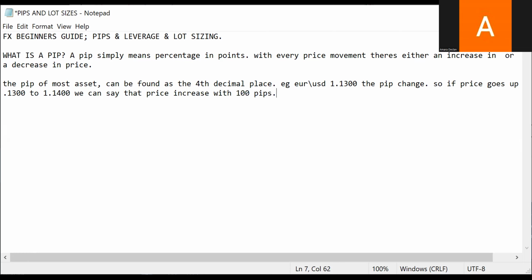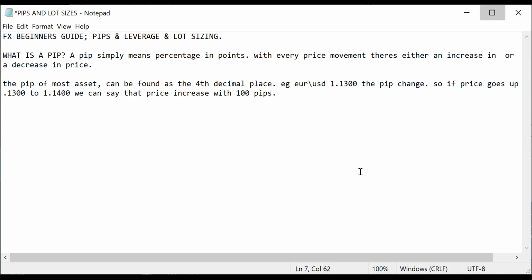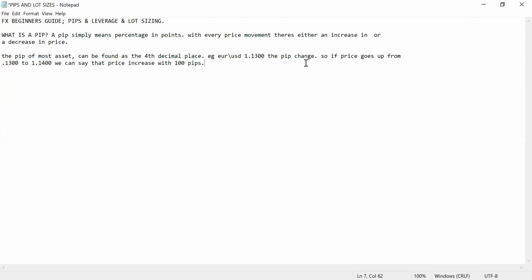Exactly. So that's basically what it is when you hear people say things like they caught a windfall of pips. Anytime you hear people talk about pips, just know that they are talking about how they either made profits because the price moved in their favor, or they made a loss because the price moved against them, and you can calculate this basically by percentages.